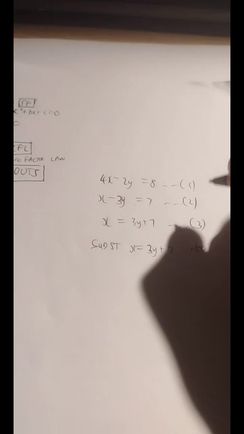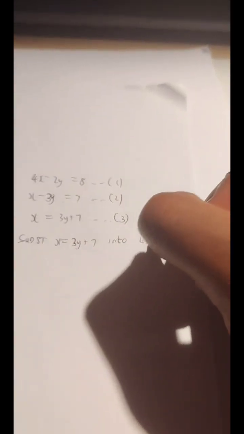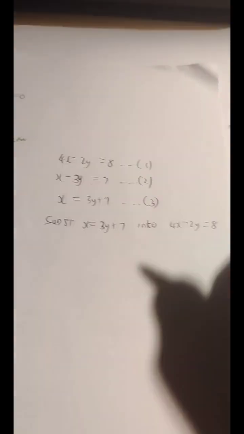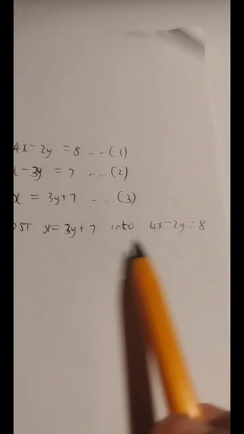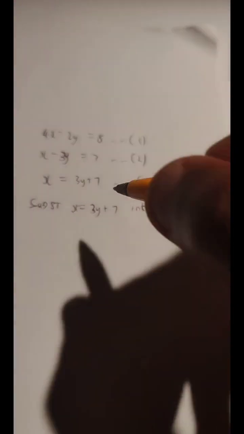Now we are going to substitute x is equal to 3y plus 7 into 4x minus 2y is equal to 8. So 4 times (3y plus 7) minus 2y is equal to 8.